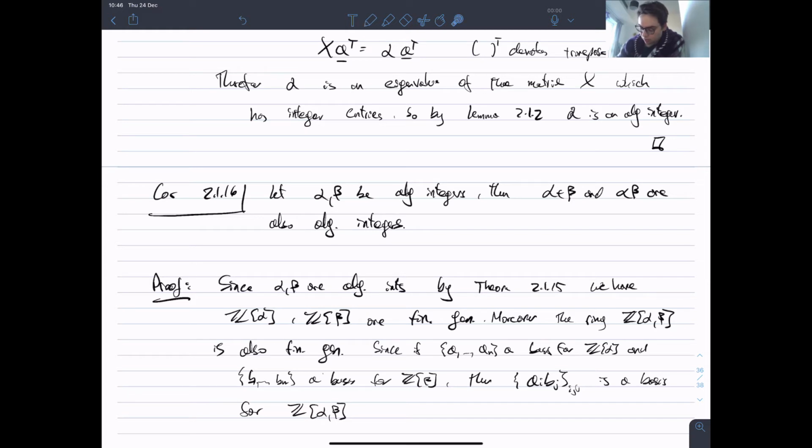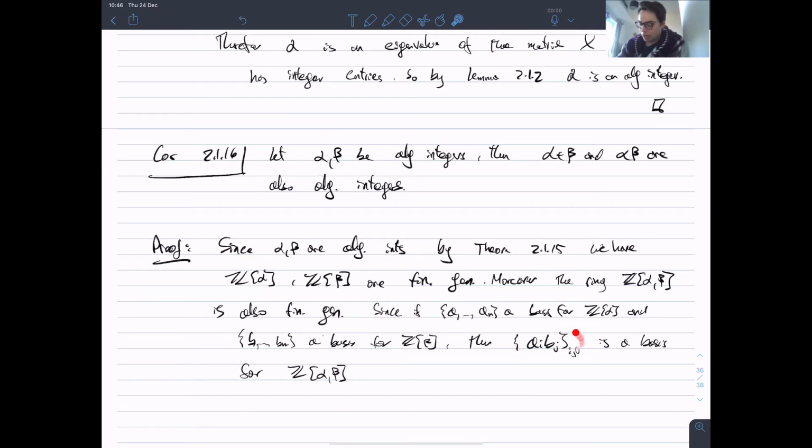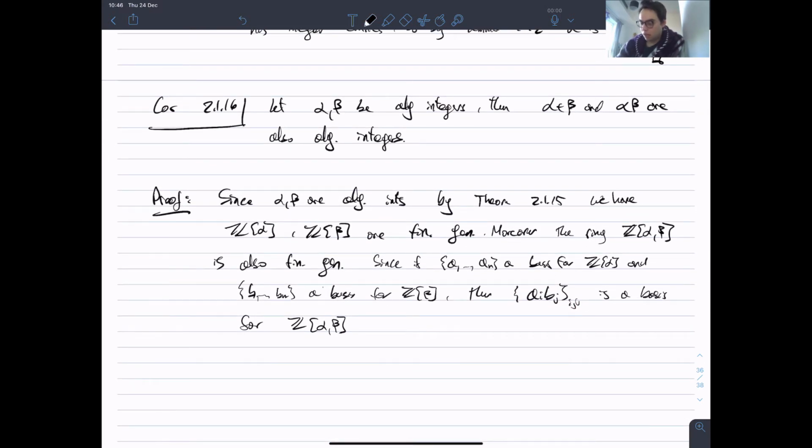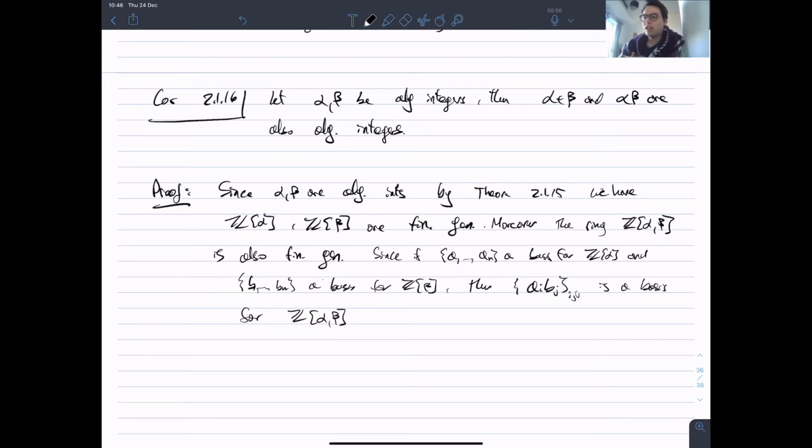This is the smallest ring which contains both of these rings. Take any element in here. Everything that has an alpha in it, write it in terms of the basis for Z[alpha]. Everything that has a beta in it, write it in terms of the basis for Z[beta]. So all the elements themselves are going to be written in terms of this basis here. So this Z[alpha, beta] is also finitely generated.